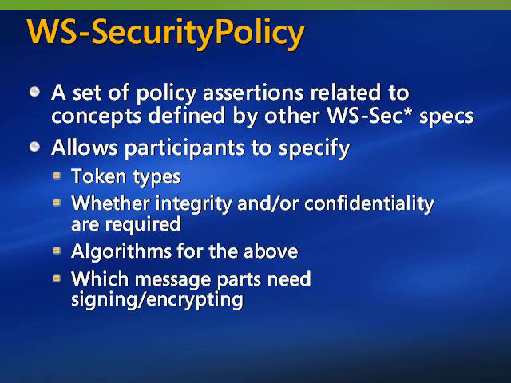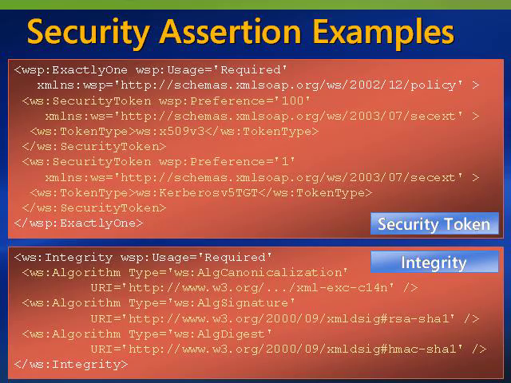Okay, security policy is a set of policy assertions, and we already know what policy is, that relate directly to the security specs. Examples of security assertions: one example is, I want to tell you what token types I support.